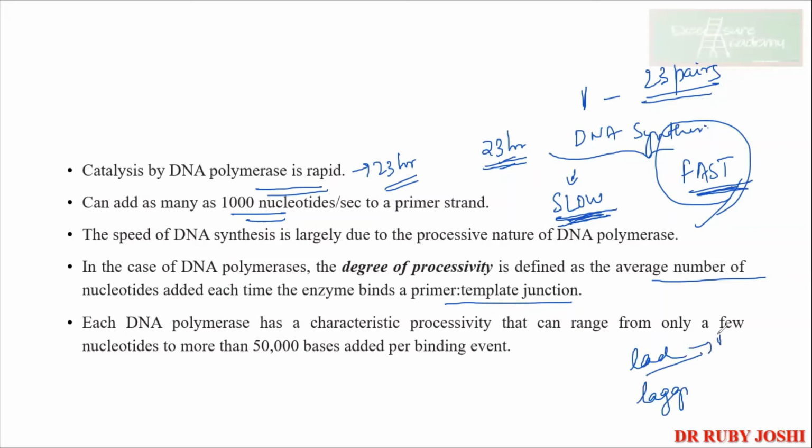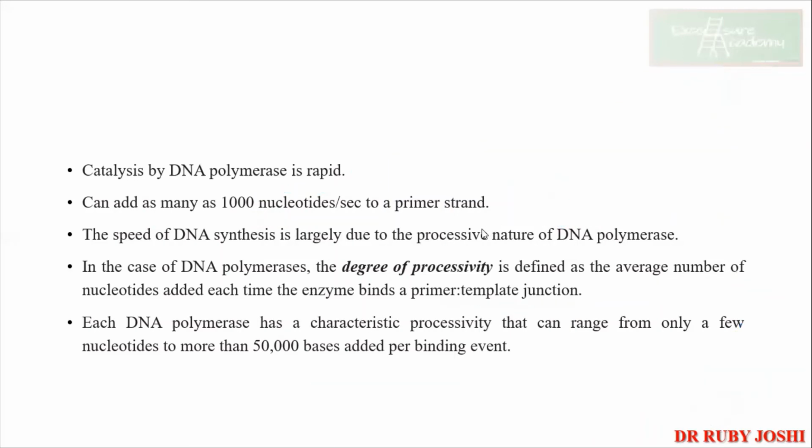In the leading strand one DNA pol keeps going, but in the lagging strand it keeps changing. We'll see how and explain why. Each DNA polymerase has a characteristic processivity that can range from only a few nucleotides to more. So depending on the type of DNA polymerase, you can have different processivity.